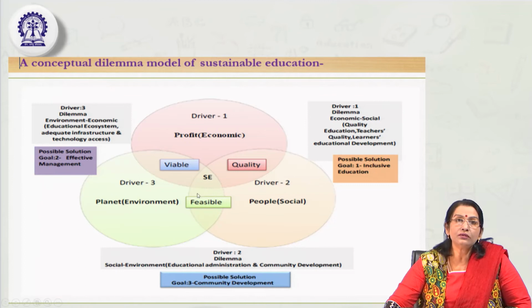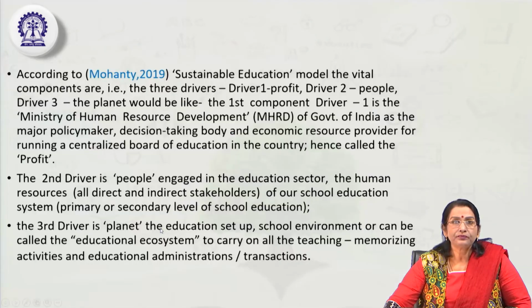Every principal, every headmaster, even the head of a department or the principal of a college, can adopt this model and coordinate and reciprocate, so that anybody can establish this model and try to achieve sustainable education.